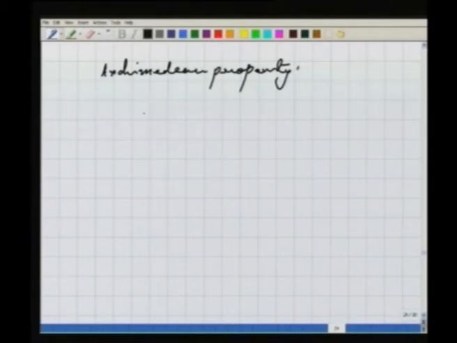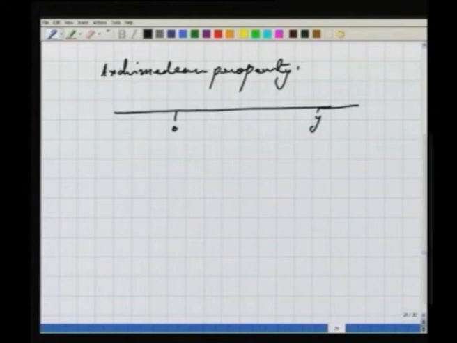Well, pictorially it means just this. You have this line, you take some y far away from 0 and you take some x here. Then you go on adding it to itself sufficiently many times, that means this is x, 2x, 3x, 4x, 5x and so on. At some stage for a large n you will have nx sitting here.